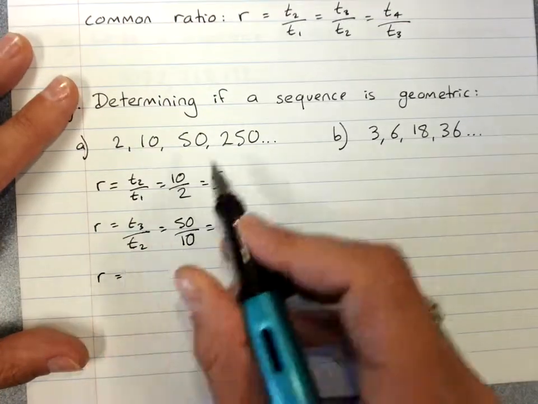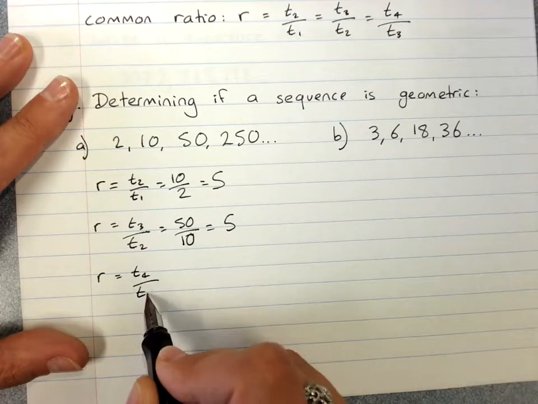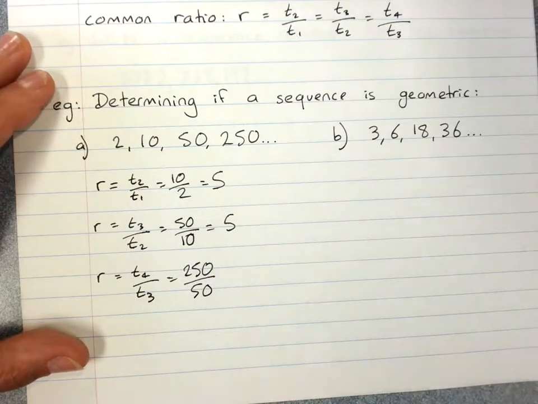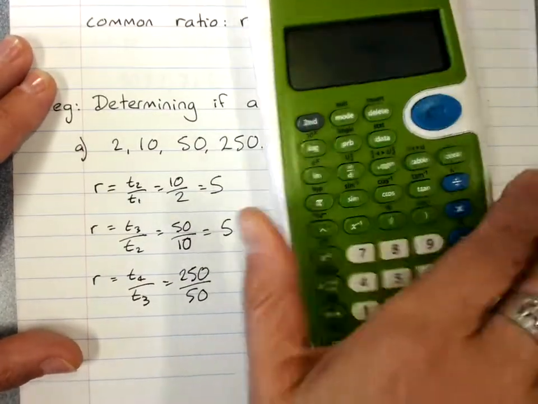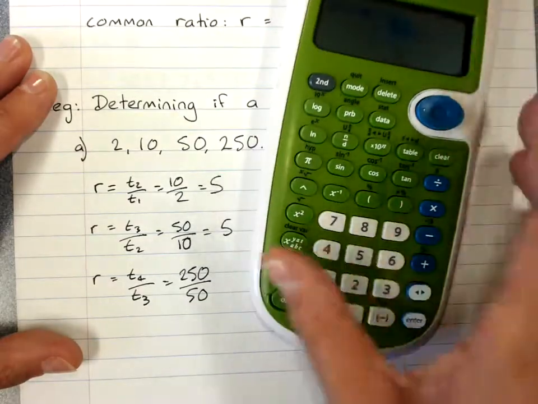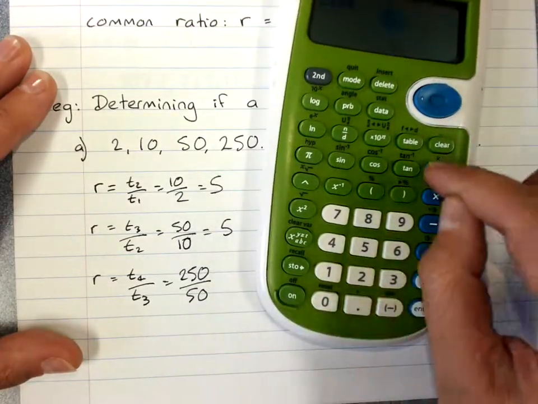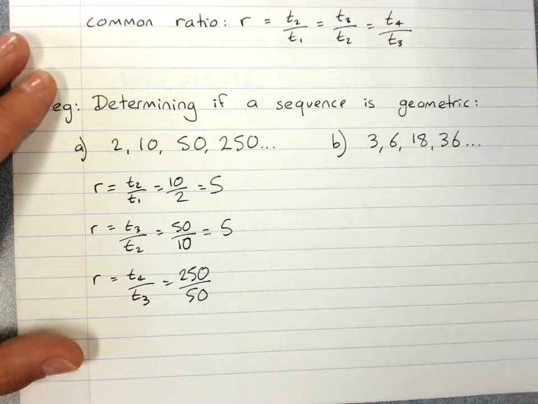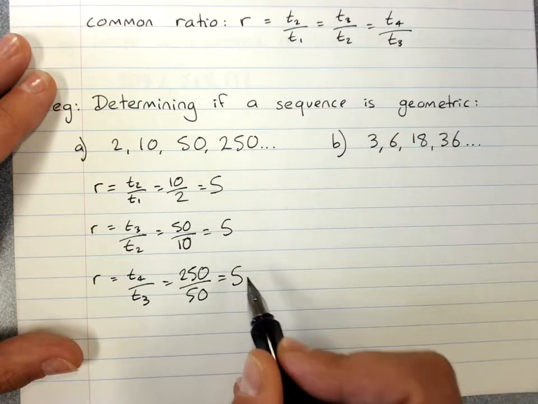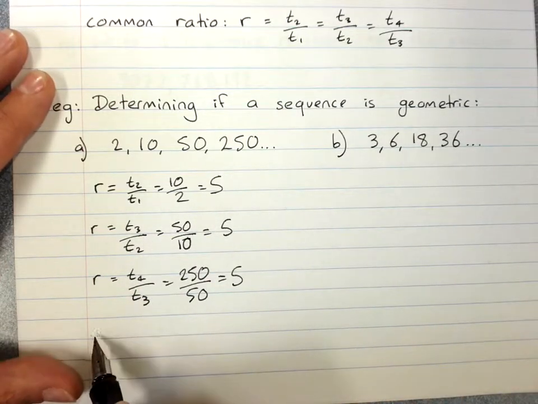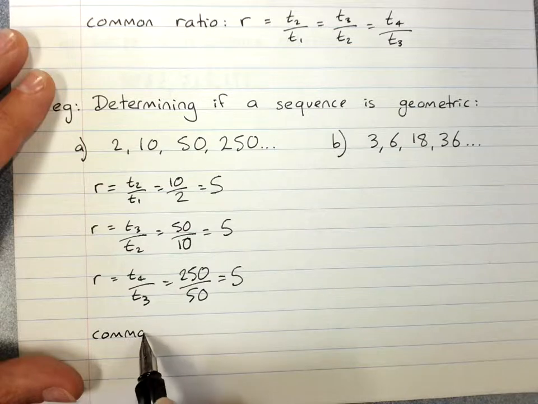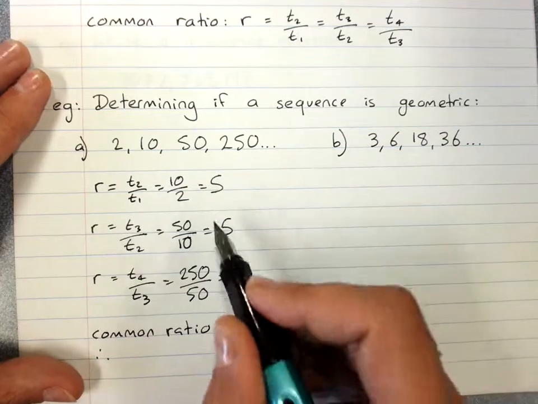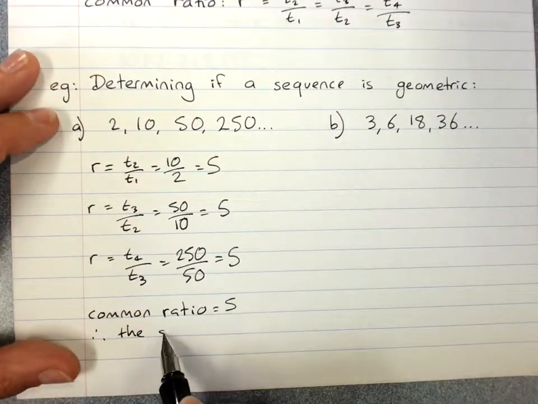And the common ratio is also calculated by doing T4 over T3, 250 over 50. If you're not certain at any stage, do of course grab your calculator. 250 divided by 50, 5. So this has a common ratio of 5. So since it has a common ratio, the sequence is geometric.